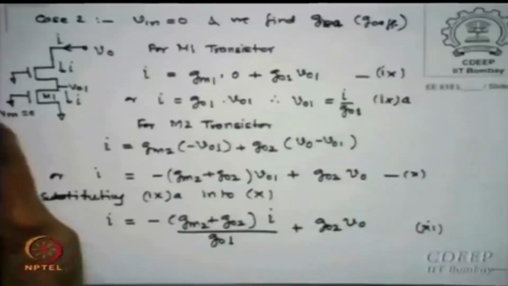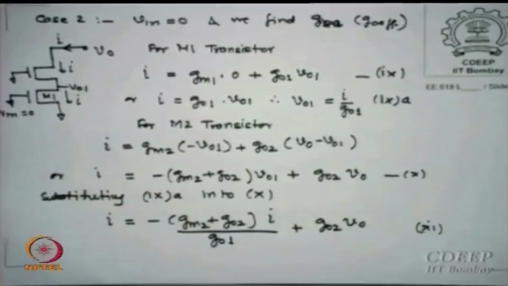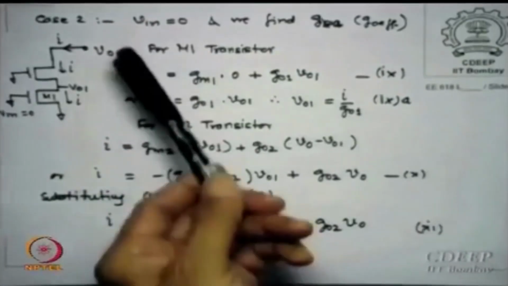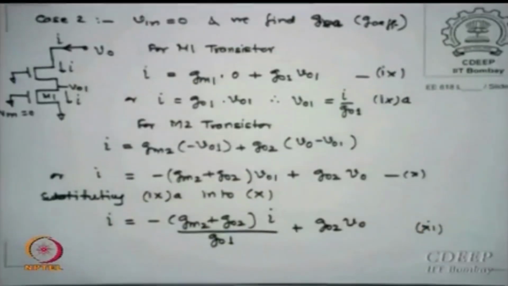Case 2, I want to find ro effective. So what is the technique we said? Put Vin equal to 0 for AC everywhere, this is anyway grounded, and put an output voltage Vo which enters a current I. This is the standard method of finding output resistance.